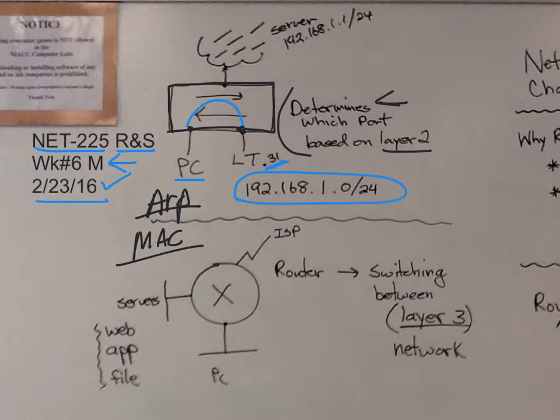That MAC address would be in the table if this PC has communicated. If it hasn't, then we see a broadcast, and it will answer the ARP and give its MAC address, because the ARP is a broadcast. Then it can take the information and send it there.